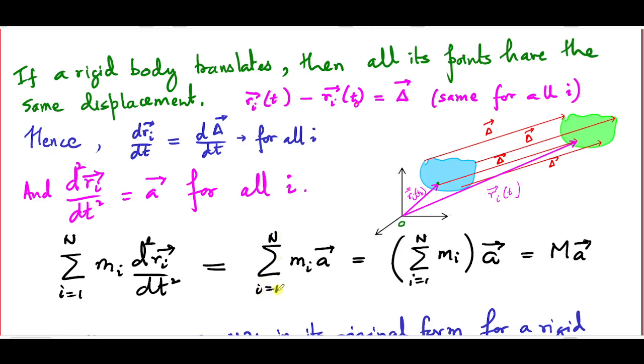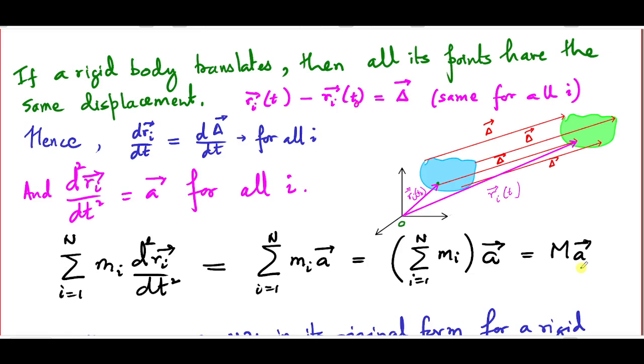And now, in this sum, you can easily take a, which is independent of i, out of the sum. And so you are now left with the sum of all mi's, which is of course nothing but the total mass capital M of the rigid body, times a, the common acceleration of every point of the rigid body. And this common acceleration, as we have already said, is what we call the acceleration of the rigid body.